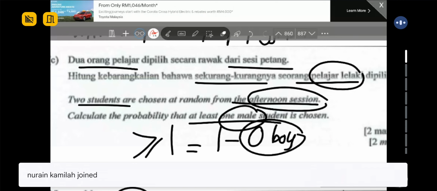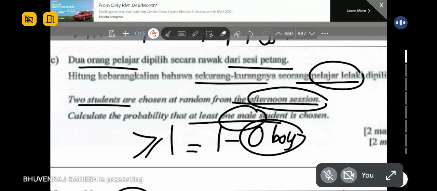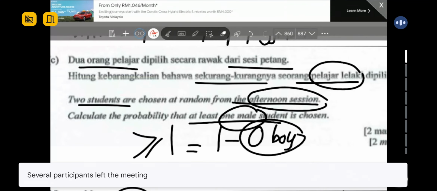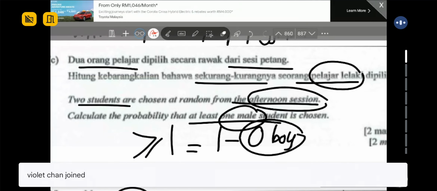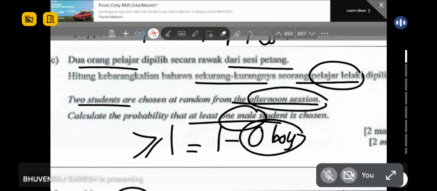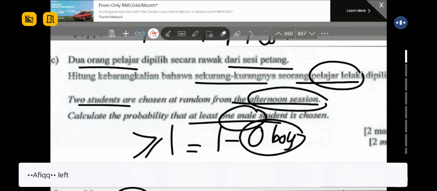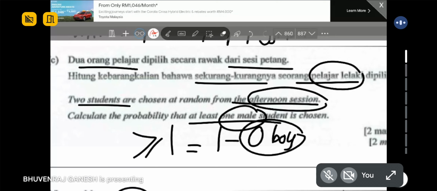So dia sama dengan sekurang-kurangnya satu lelaki lah. Am I right? Do you guys get the concept? So 1 minus 0 boy is equal to at least 1 boy. Okay, so that is faster to count lah guys. Kaedah ni lebih pantas. Berbanding kamu kira satu lelaki dan 2 lelaki. Ada 2 case. So, kamu kena tambah 2 kebarangkalian.